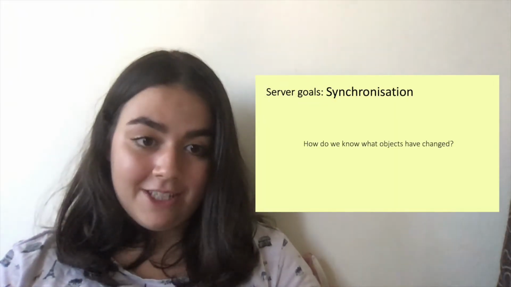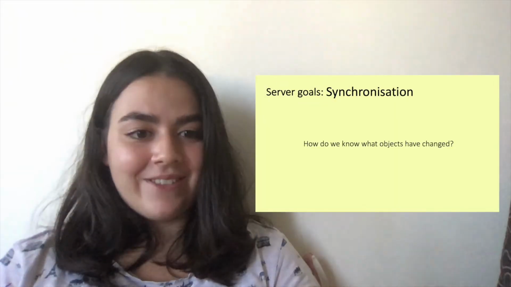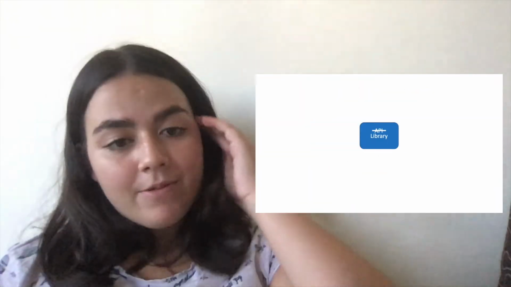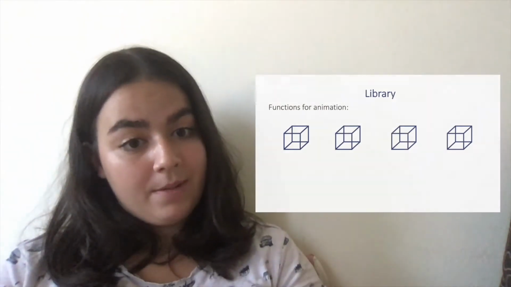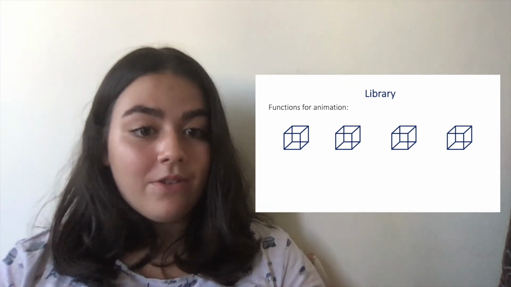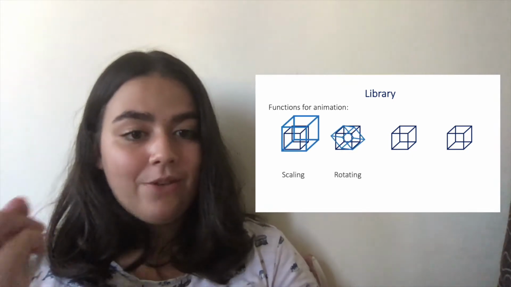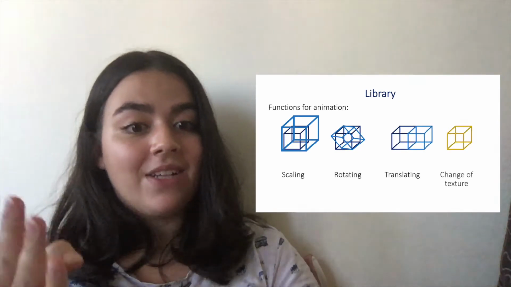Of course, then we have the challenge of how do we know what objects we need to update? And this is where we go into the library. The functions that the developer needs to worry about are the functions for animation that make objects change. Luckily for us, there's only a finite number of animations that can be done, which are scaling, rotating, translating, and change of texture.